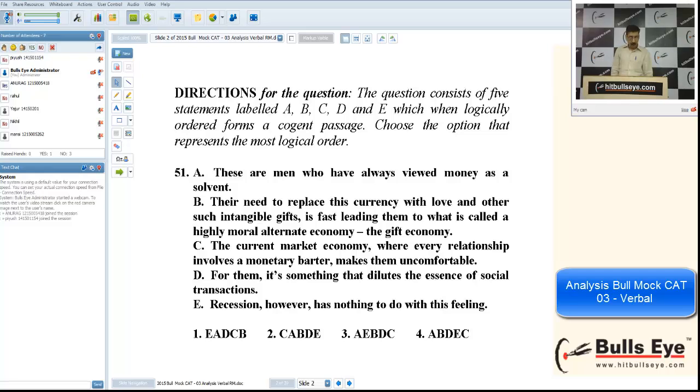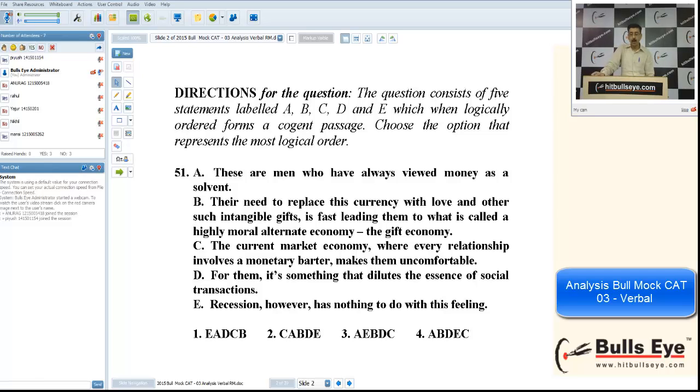I think we are all confused between the choices. I think we feel that A is the opener, or E. How many of you think A is the opener? Just write yes if you think A is the opener. Mansi, you thought A to be the opener? Okay, so A says these are the men who have always viewed money as solvent.